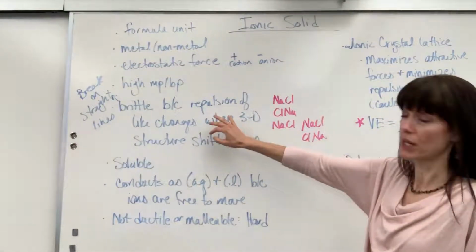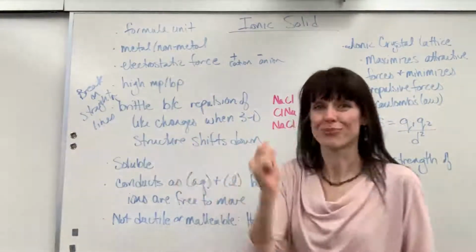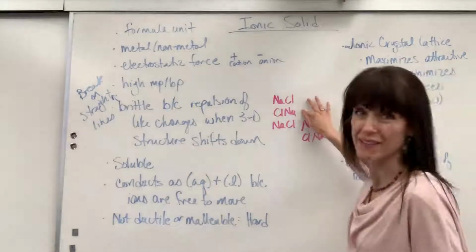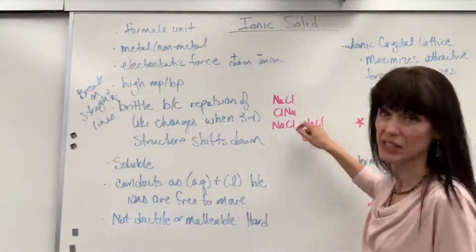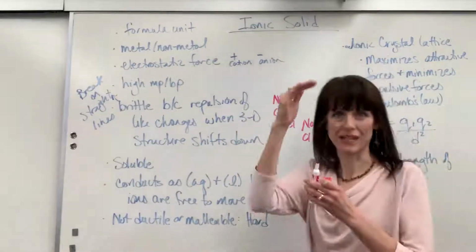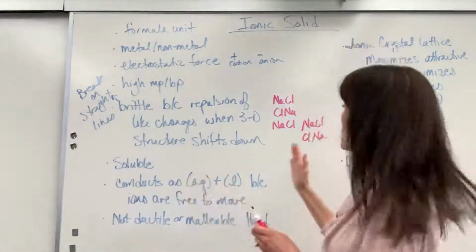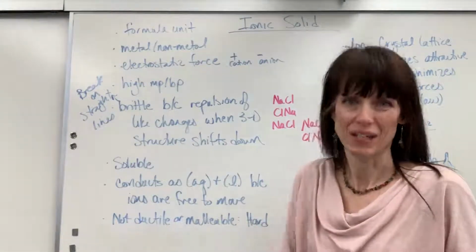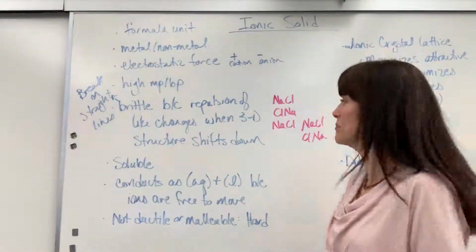So notice the description I gave. Ionic compounds are brittle because of the repulsion of like charges, up here I had the sodium, and there was the chlorine. Repulsion of like charges when the 3D structure shifts down. So it'll shift to try and maintain as much of the positive, negative, positive, negative interaction. That's why they're brittle. Pretty cool.